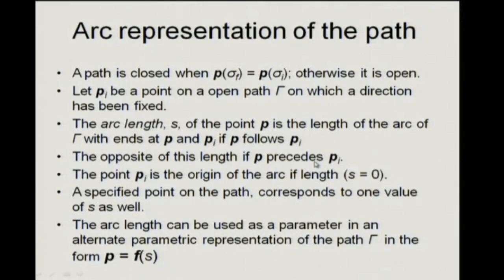So we can say that the direction of arc is taken from sigma I to sigma f always. The catch is that if it is a closed path, then you have a problem. This definition is not dependent on that, because sigma I to sigma f is not defined if it is a closed path. So this definition gets around it.